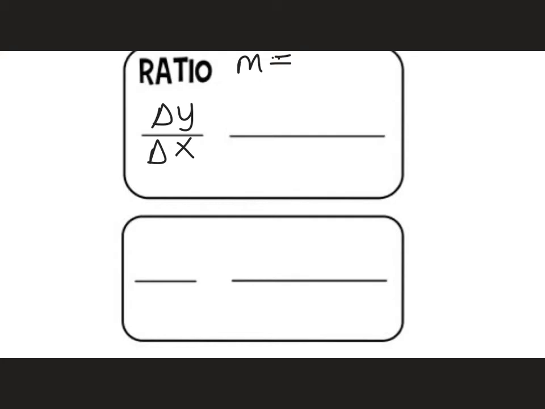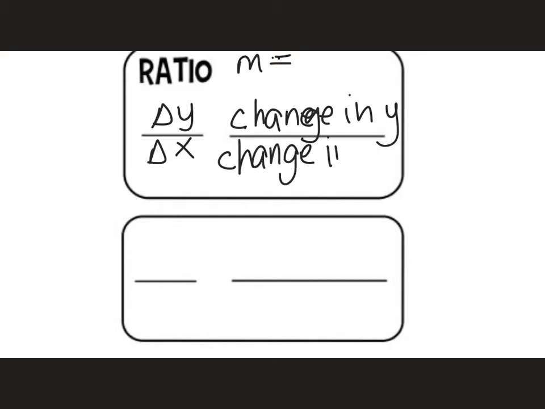The way we would read this is change in y over change in x. So we're looking at a ratio or a fraction with the change in y over the change in x. Remember, this ratio can sometimes simplify to a whole number or even a decimal, you may see, if it has to do with money potentially.